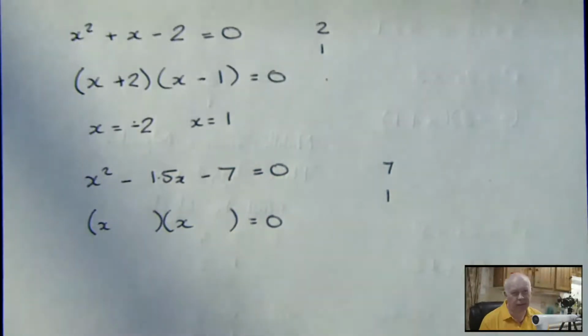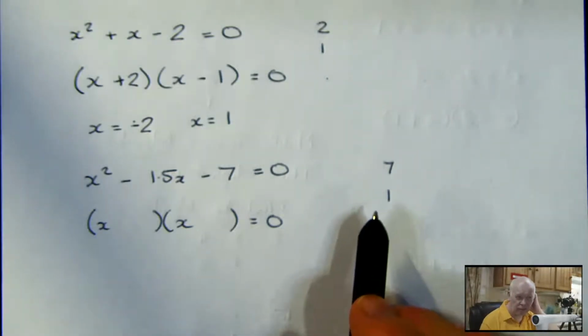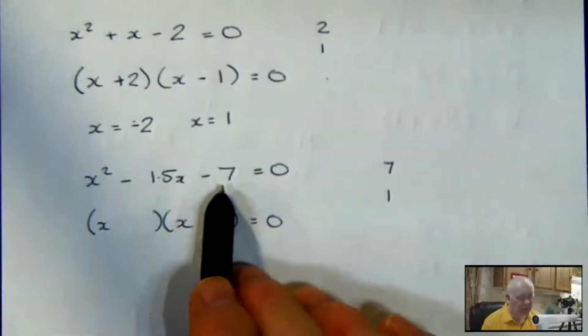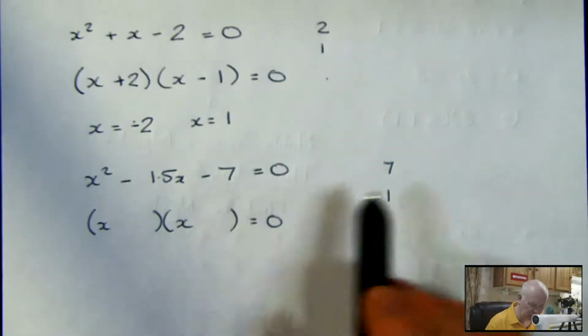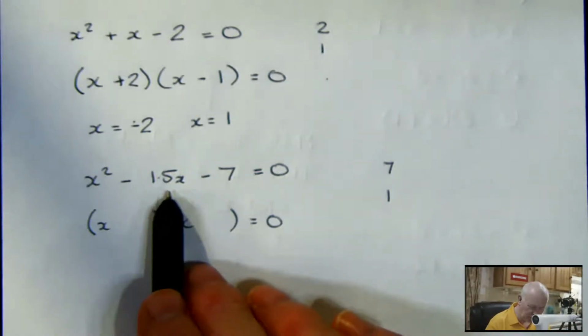I've got to make the number 7. Yeah, that's easy enough to make 7, because something times something's going to give me 7. 7 times 1 is going to give me 7. But I've got to get this 1.5.